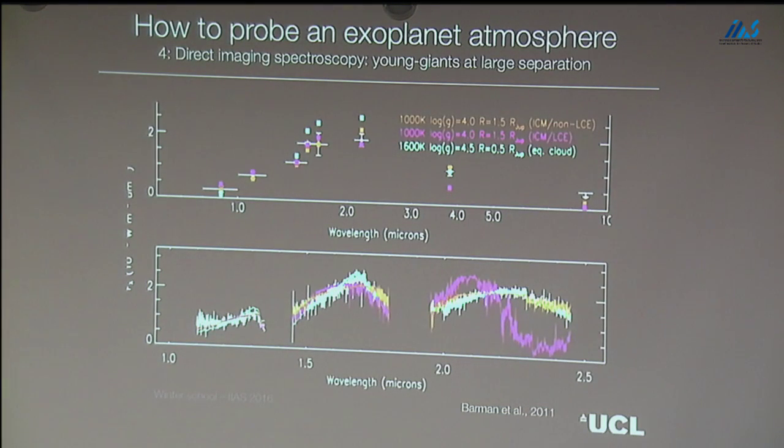I'm showing here just one particular object, but there are many new spectra coming out, and again, the comparison with the transiting siblings, I think, will be really very valuable.